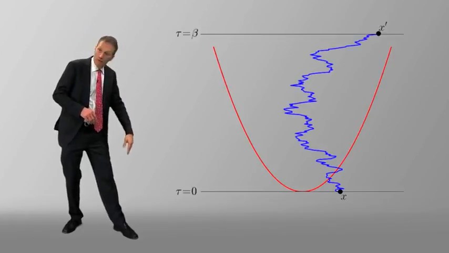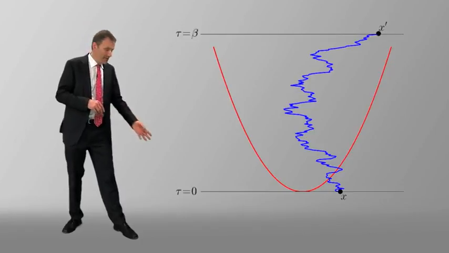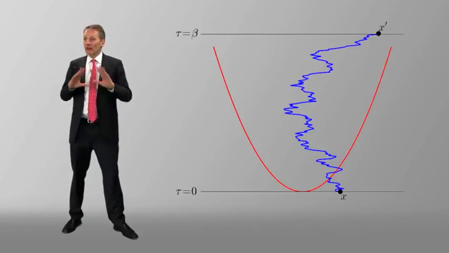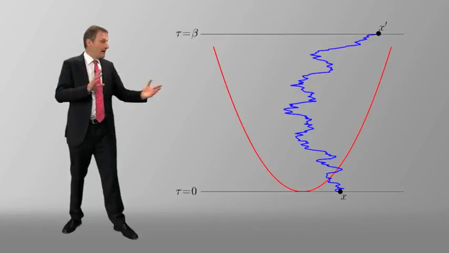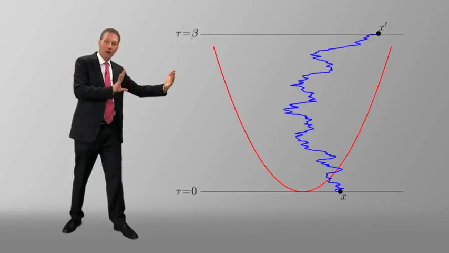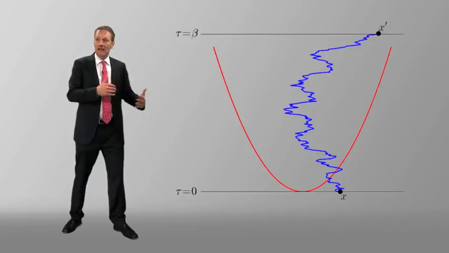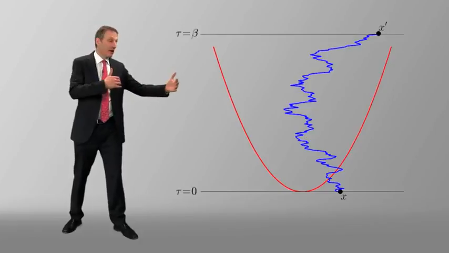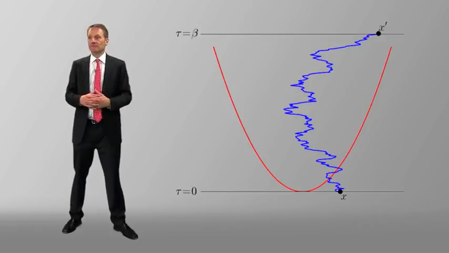And the algorithm fills in a configuration, a path between 0 and beta, without rejections and without using Markov chain methods. Of course, the path is now constrained through the harmonic potential, and its extension is fixed by the oscillator strength omega and the temperature.